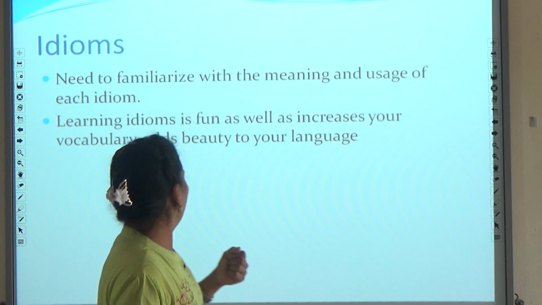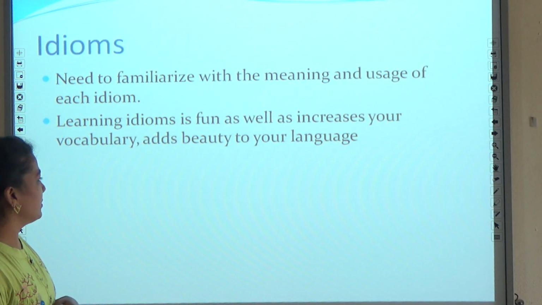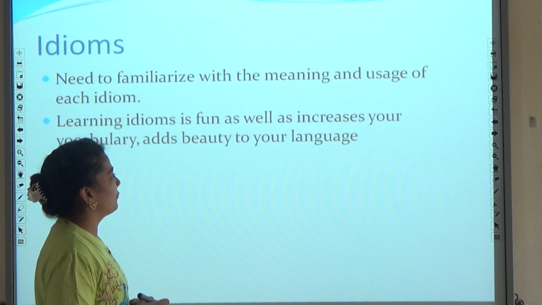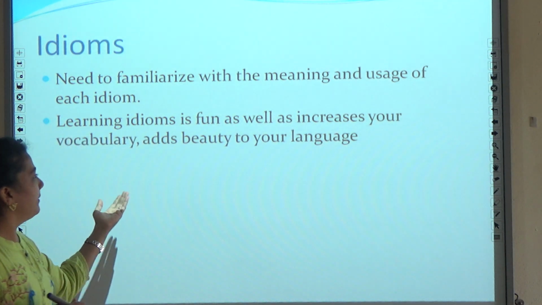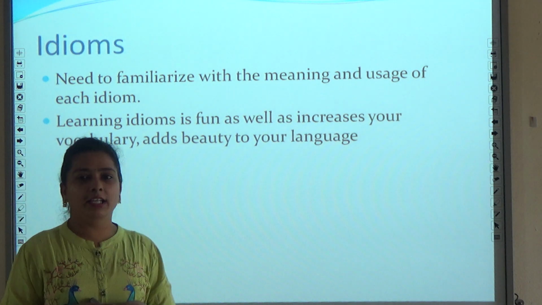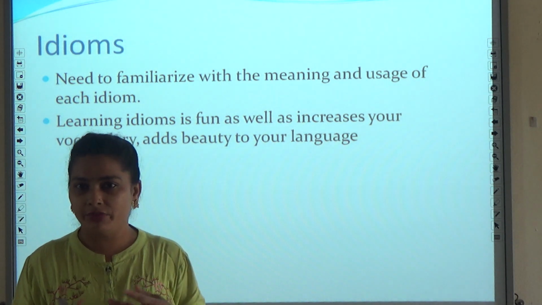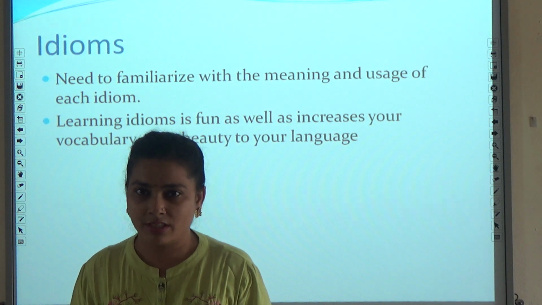Okay. Now, learning idioms, of course, as I just said, is fun, and it also increases your vocabulary and adds beauty to your language. That is the main feature of learning idioms.